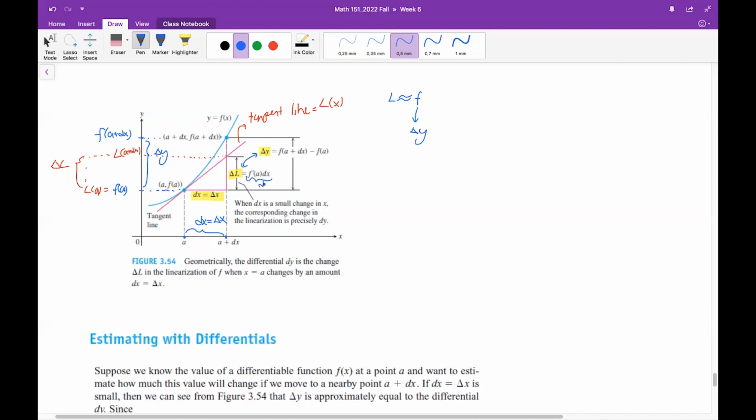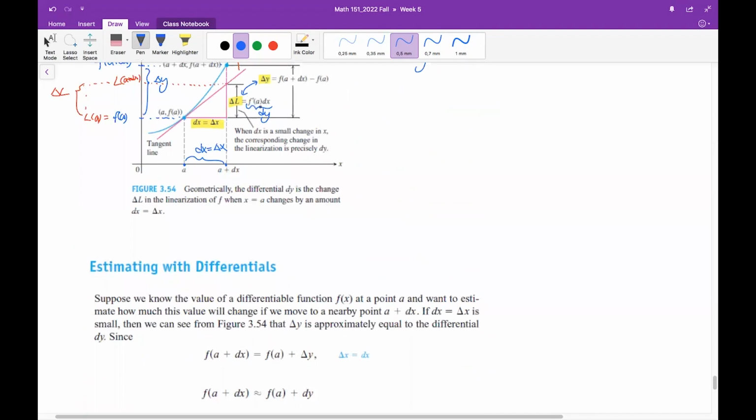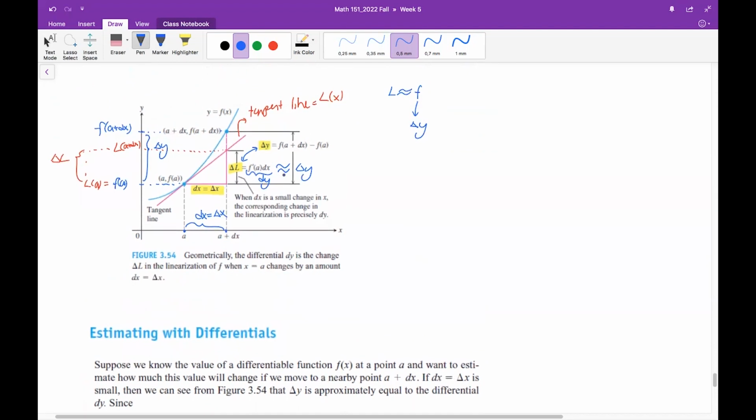You know, this is what we defined as dy above. Let me show you. dy is f prime x dx. So this part is dy. That's why now I can tell you delta L is approximately delta y. Why can I tell you this? Because as you can see from the graph, the difference between the images is approximately the same as the difference on the tangent line. So we can put this approximate sign here.